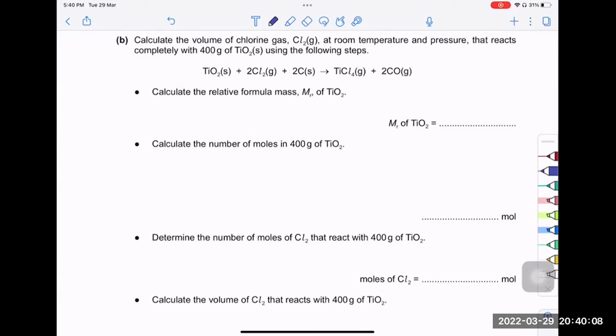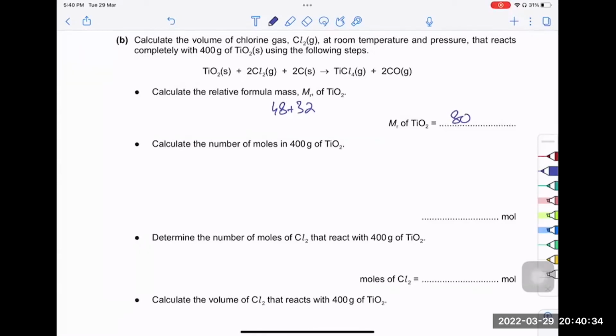Where is it? Can't find it. Found it. Number 22. Okay, MR is 48. So 48 plus 32. That is going to be 80.